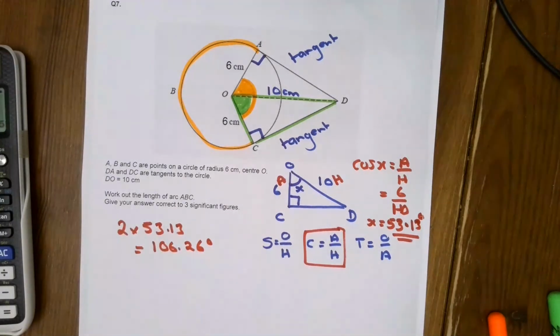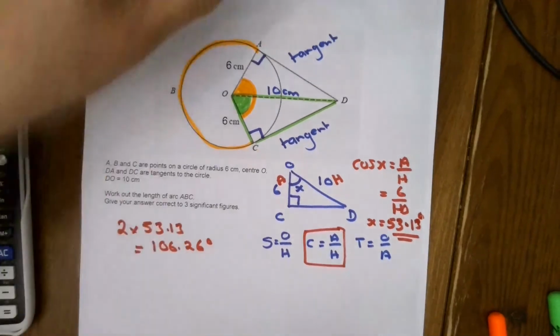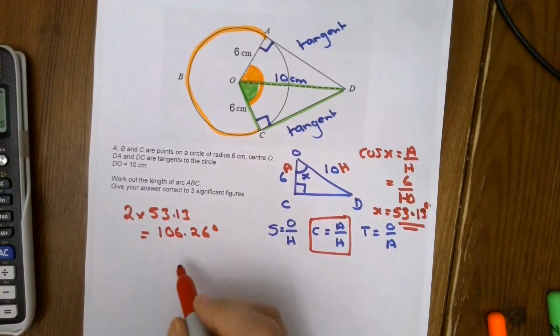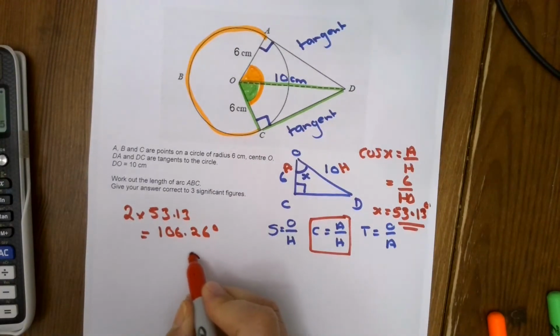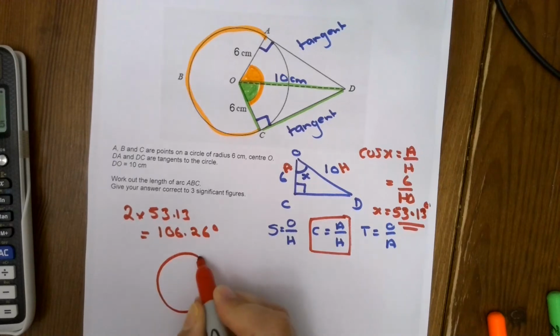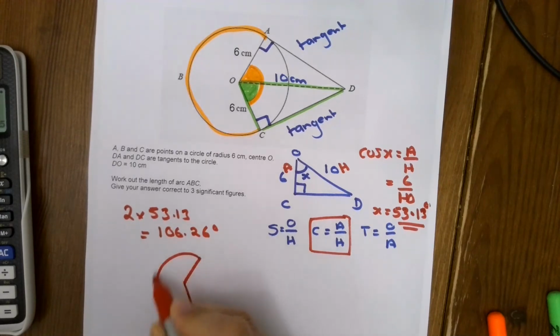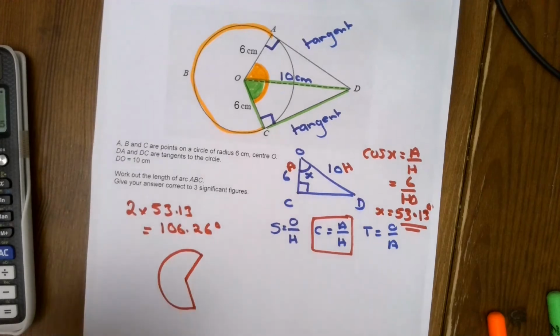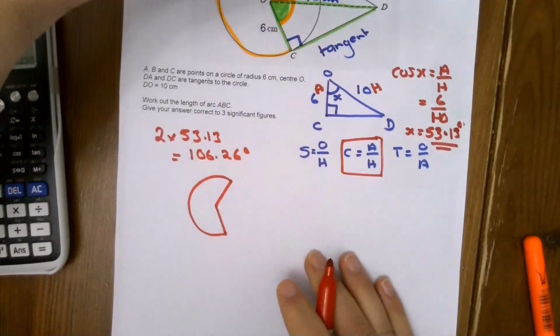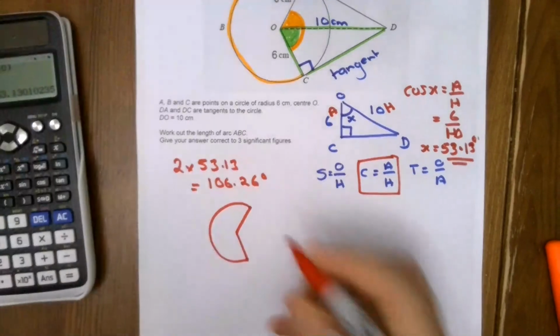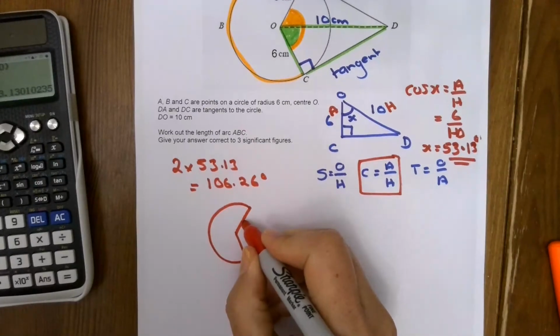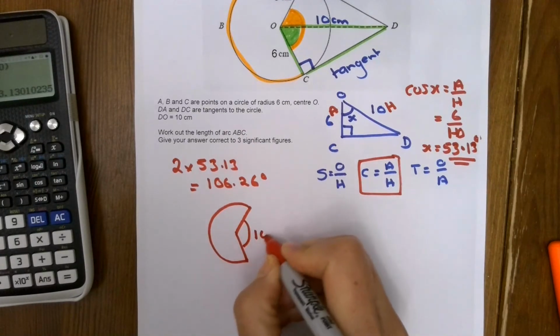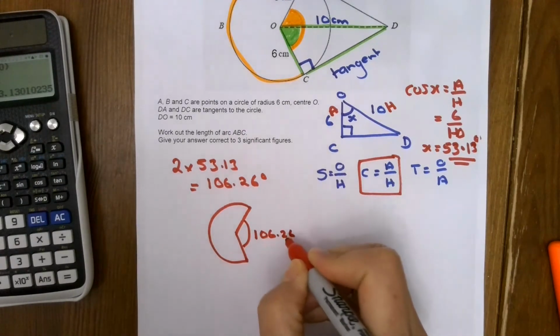Now I'm thinking about my sector. So if I just draw this out again, I want to find the length of this sector here. I know that the angle inside here is 106.26.